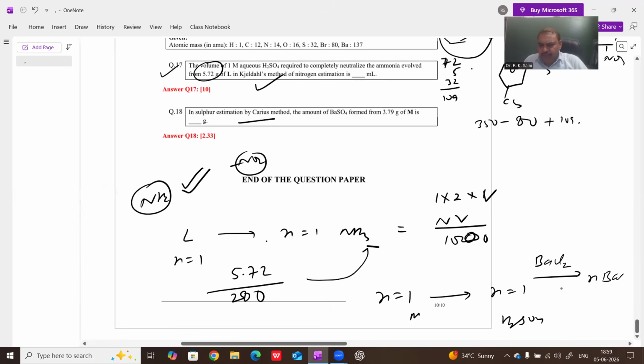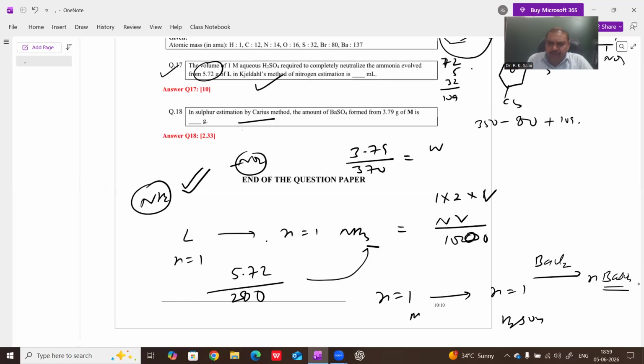Therefore, the moles: the given mass is 3.79 and the molar mass is 370, check. This equals the moles of barium sulfate, and its molar mass is 233. Therefore, the amount of barium sulfate is 2.33. This is the paper of JEE Advanced which was conducted this year. Okay, thank you.